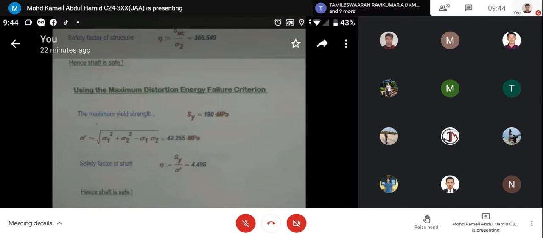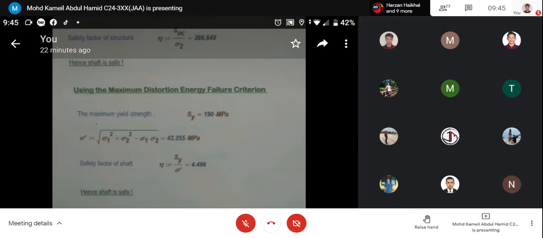We have sigma 1 and sigma 2 already, so apply them. Sigma prime is equal to sigma 1 squared plus sigma 2 squared minus sigma 1 sigma 2.